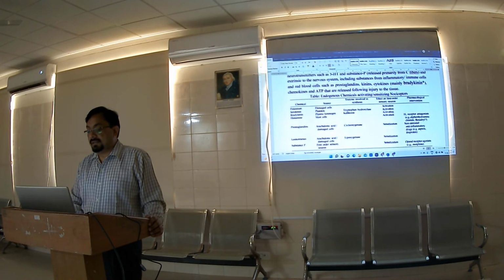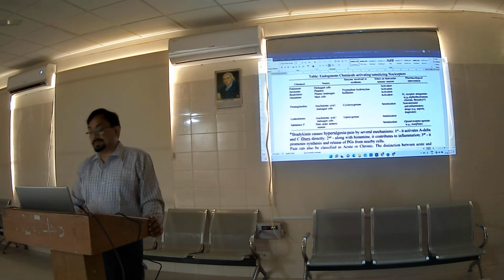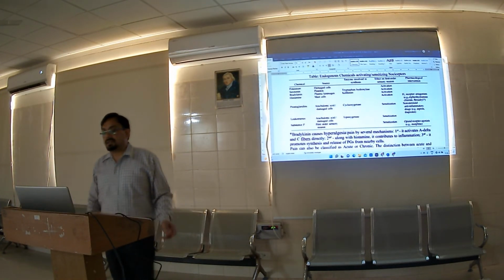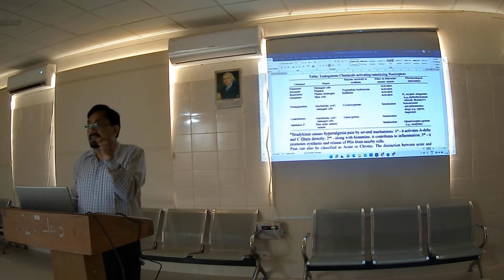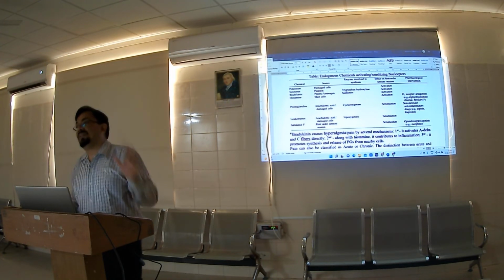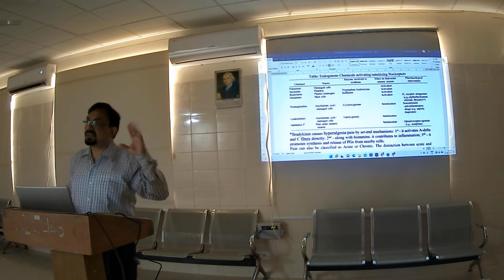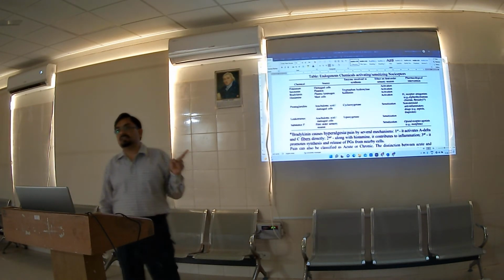Let us still talk about bradykinin, then we'll discuss this table. So bradykinin causes hyperalgesia, meaning the same nociceptors that were a little sensitive become more sensitive. Because of what? Bradykinin is playing a very important role.